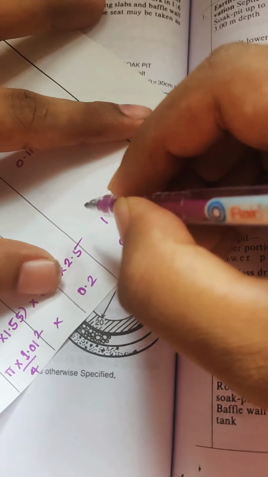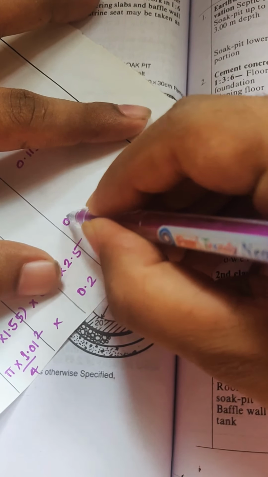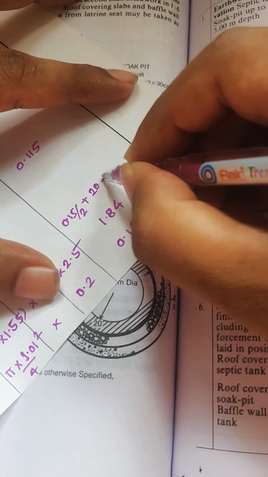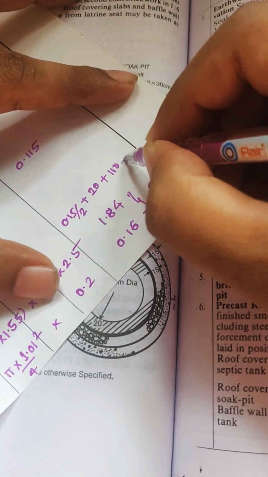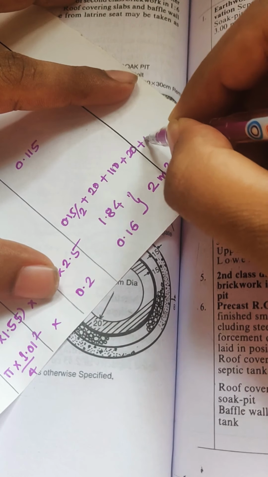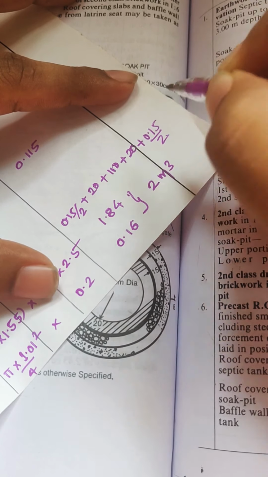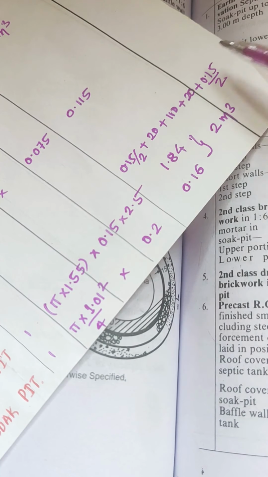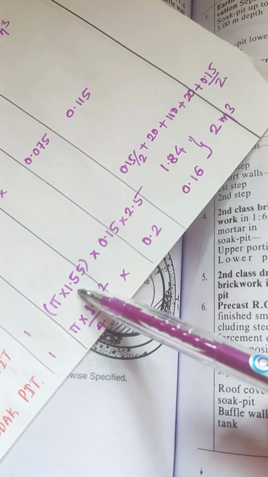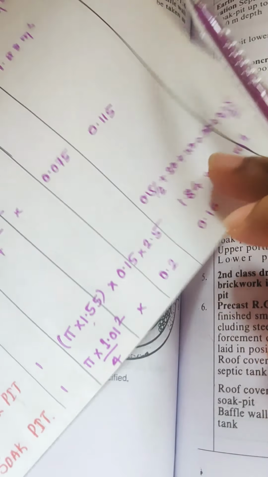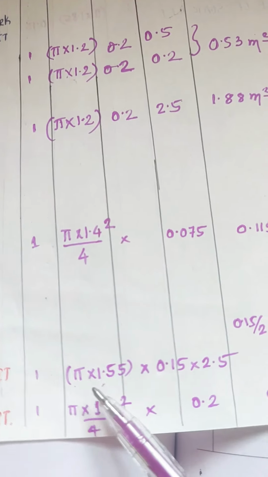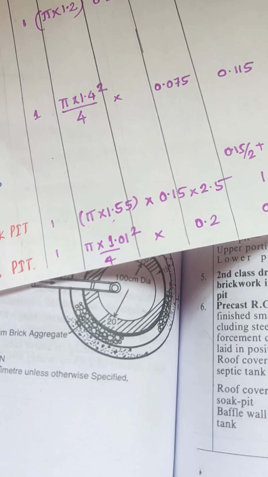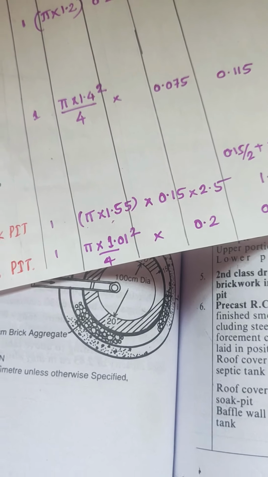So into it is 0.15 by 2 plus 20 plus 100 plus 20 plus 0.15 by 2. So add all this, you will get 140 plus 15, so 1.55. So this we have taken as the circumferential length, right?